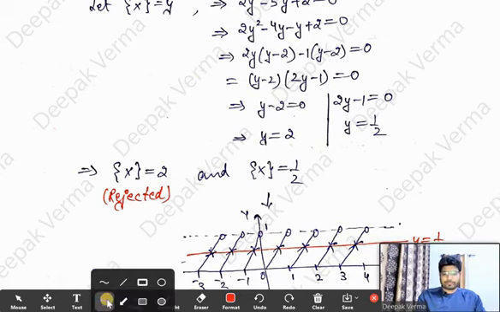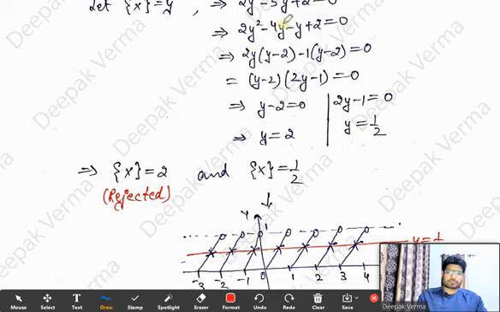Here, after factorization, we will get y minus 2 into 2y minus 1 equals to 0. Got it? Now, either this factor is 0 or this factor is 0. It means y minus 2 equals to 0 or 2y minus 1 equals to 0.